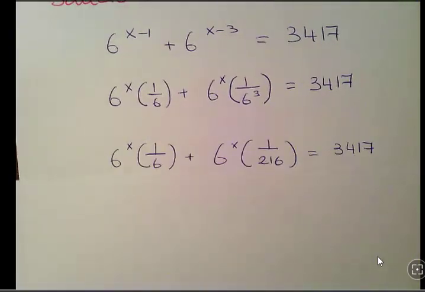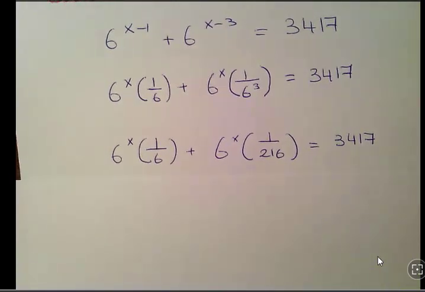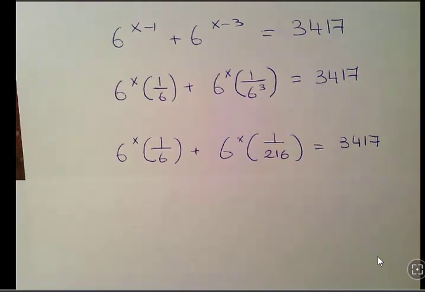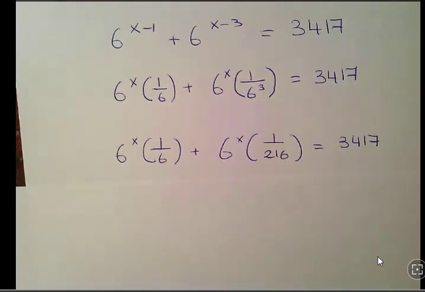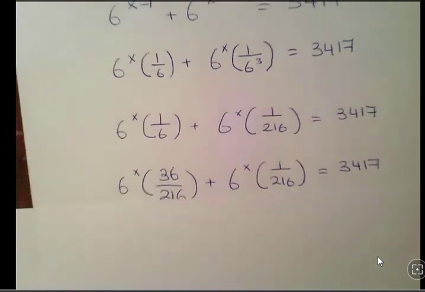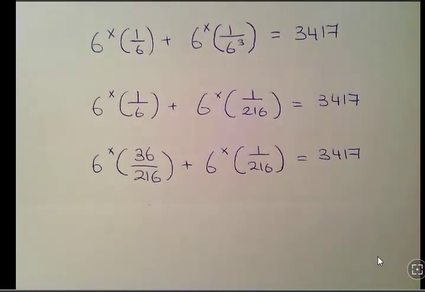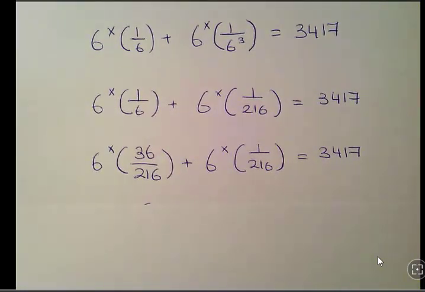Simplifying a little further, 1 over 6 cubed is simply 1 over 216. What we're going to try to do is simplify everything, get 6 to the x on its own with some fraction. I'm going to rewrite 1 over 6 as 36 over 216.